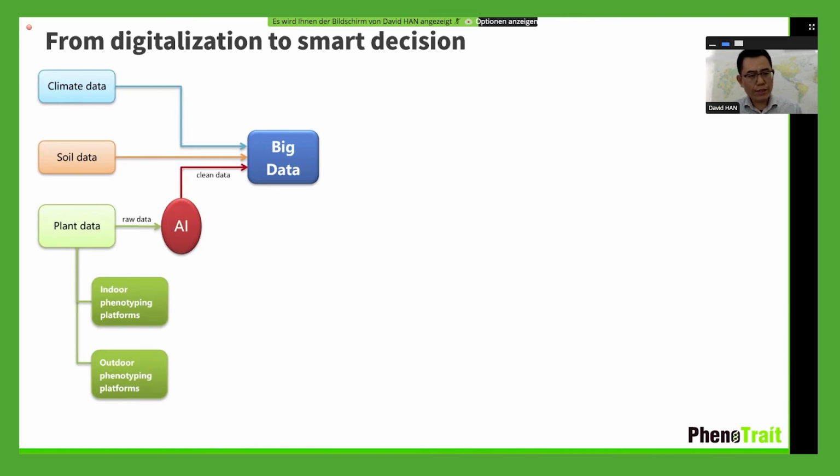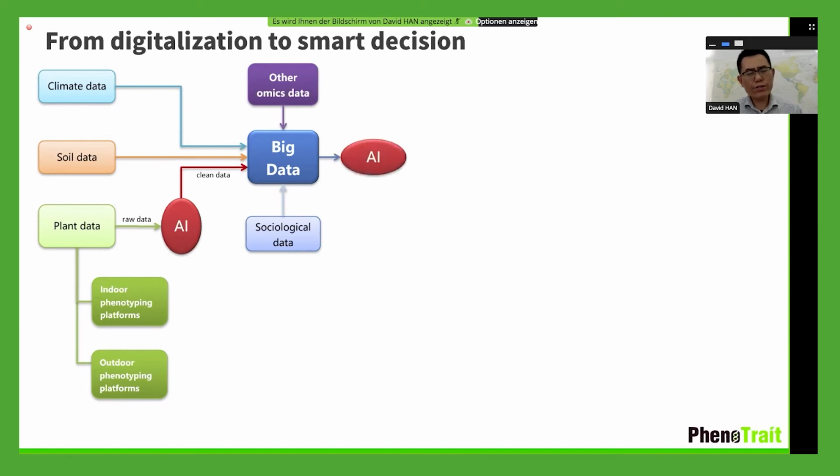Other omics data like genomics data has become very cheap, and we can collect a huge amount of sociological data. All this data comes from different sensors, different sources, with different formats. So we hope to use this data to make the best model.